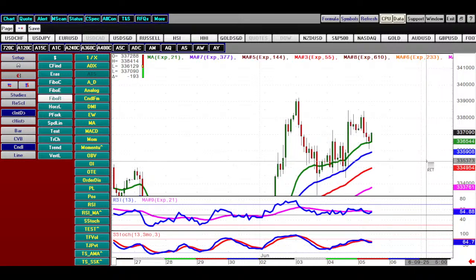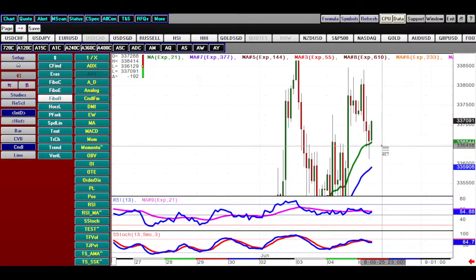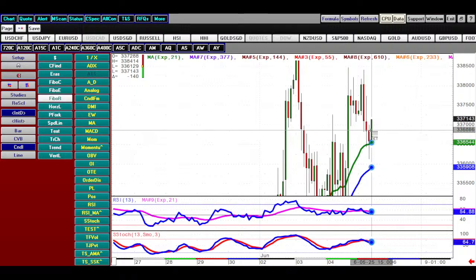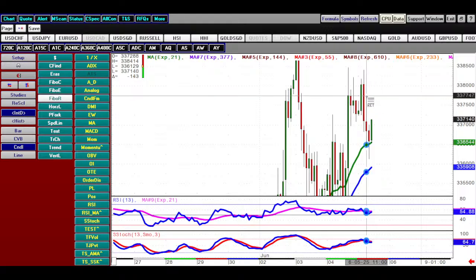Now if we look into the 2 hours, the 2 hour has just started and it is showing some strength. Looks like the price has got strength to push higher.